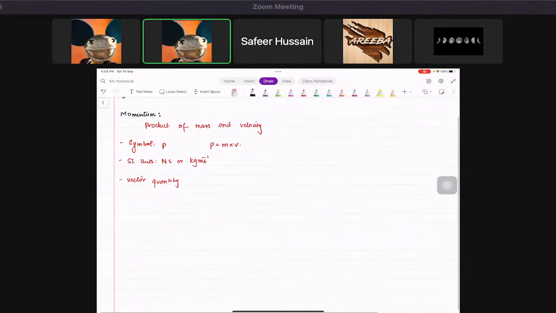Now one of the things that they're going to ask you a lot is the change in momentum. Suppose you have an object going with the initial velocity u, and then you apply a force on it for a certain period of time. After that it will change its velocity.